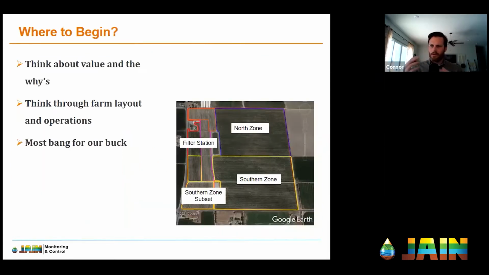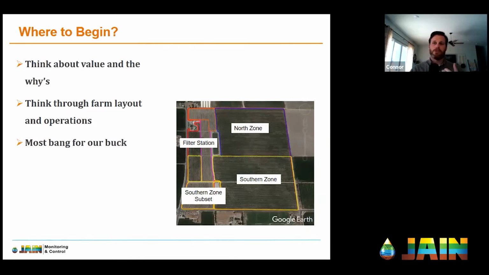So now that we understand a little bit of the terminology, we understand the difference between radio and cell, and we understand that we can connect multiple devices and multiple sensors to a C3, let's think about where to begin. I like to go back to the fundamentals, and think through, what was that original reason that got us to start thinking about using this type of technology on the farm?